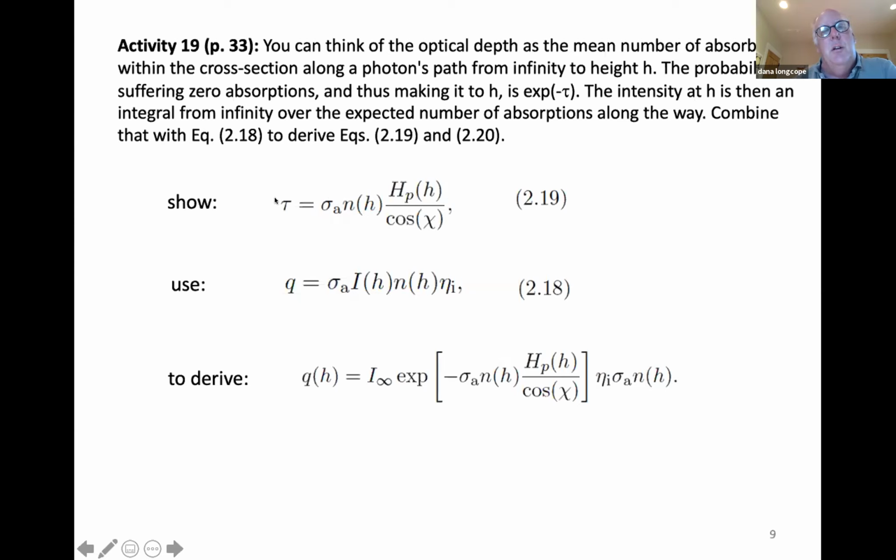So this is the optical depth, and this is the heating produced at that optical depth, and then here is the expression they want you to derive.